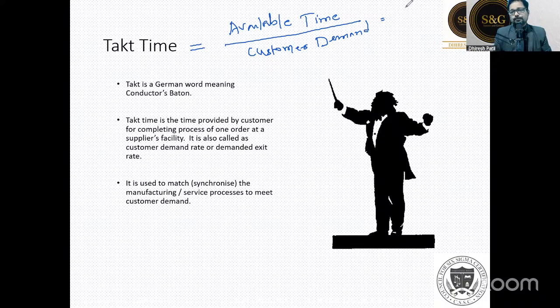Example I'm giving you. So that reduces down to, let's say, 420 minutes available time. Let's say I'm working in a pizza shop, and within a shift we receive 420 pizza orders. That means my takt time is 1 minute.